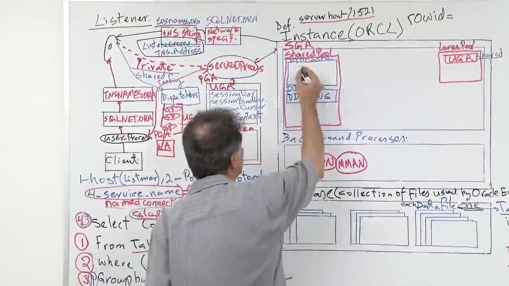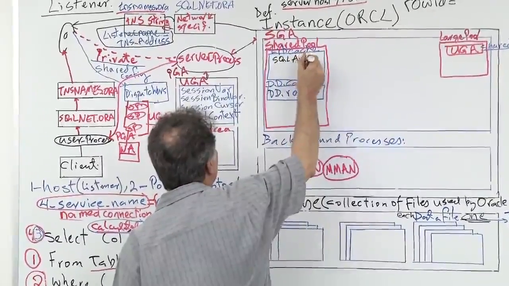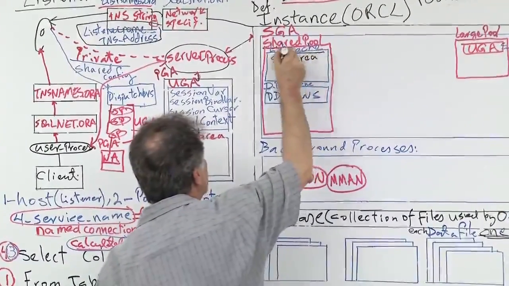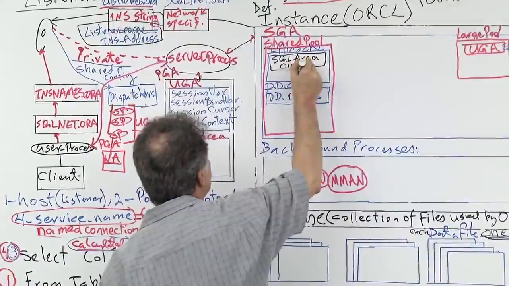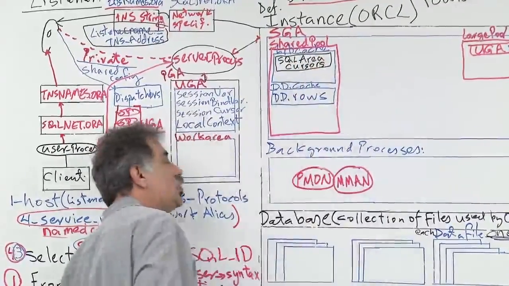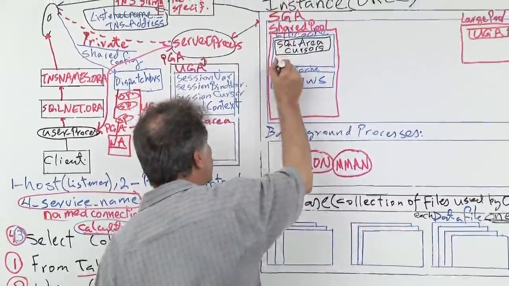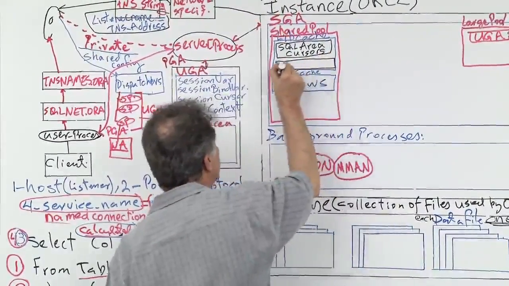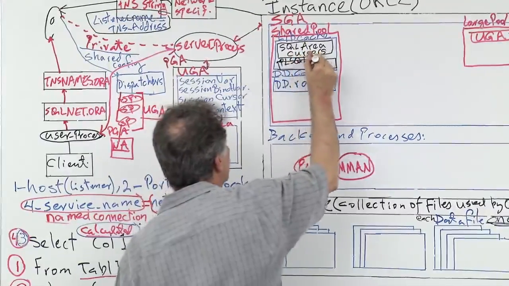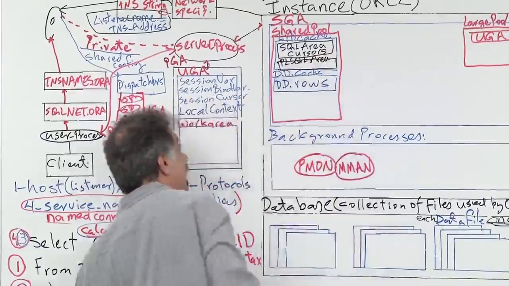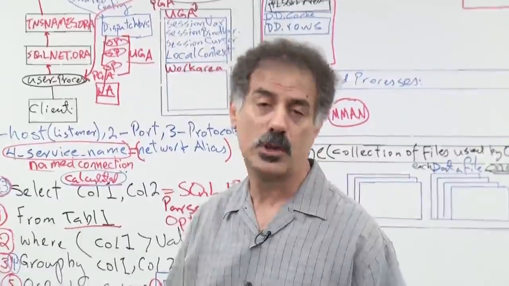Now, inside this library cache, we have two components. Component number one is called the SQL area. This is a location where we put our SQL cursors for the sharing of the sessions. The second component here is called the PL/SQL area. And as you all know, PL/SQL is a programming language extension of SQL.